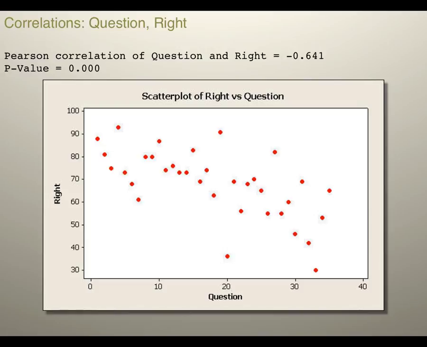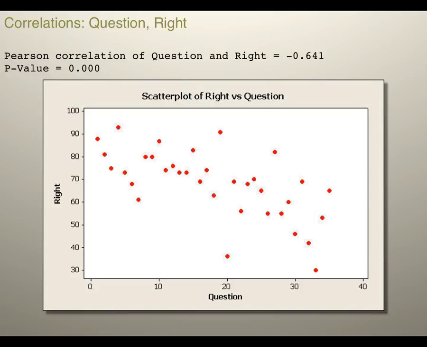What does D stand for? Direction. In that case, what's direction? Negative. So your options are positive and negative. So this has a negative direction, which means generally, as question number increases, the percentage correct decreases. And then what is S?